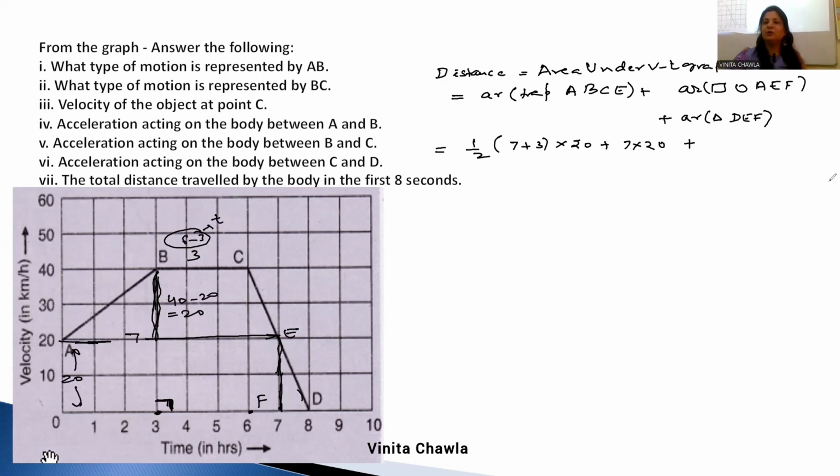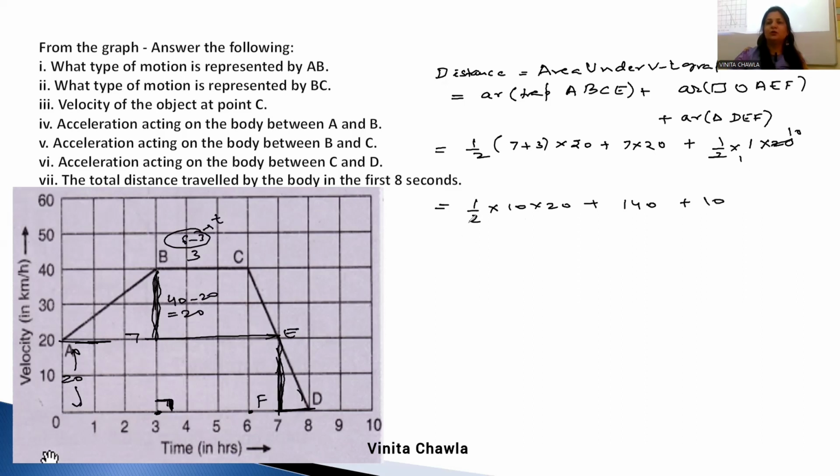Plus the area of the triangle, which is half into base into height. Half into base is 1 and height is 20. Okay, now solve this. So half into 7 plus 3 is 10, into 20, plus 7 twos are 14, 140, plus half into 2 into 20, we get 10.